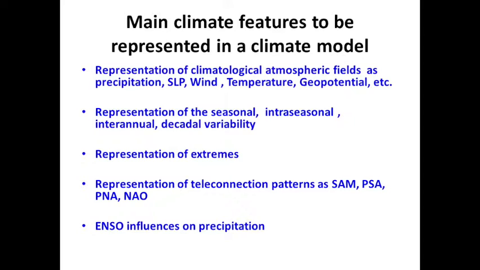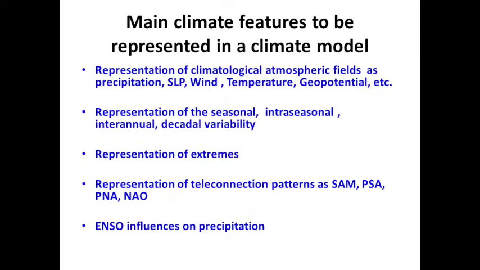And what are the features that need to be represented in a climate model? Well, first, the climatological atmospheric fields, like precipitation, pressure, wind, temperature, geopotential. Some of these large-scale features.